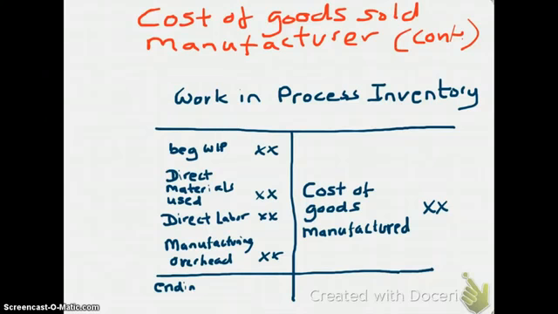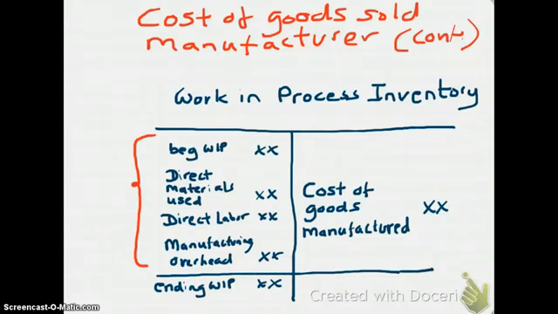Whatever is remaining on the account is your ending work in process inventory, and that represents the value of incomplete goods. They have some direct materials, some direct labor, and some manufacturing overhead components. So ending work in process again represents incomplete goods at the end of the accounting period.